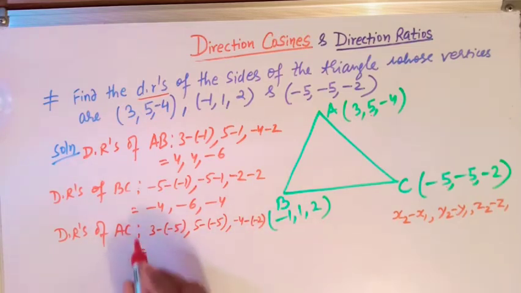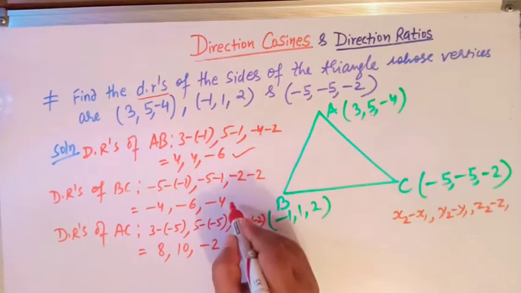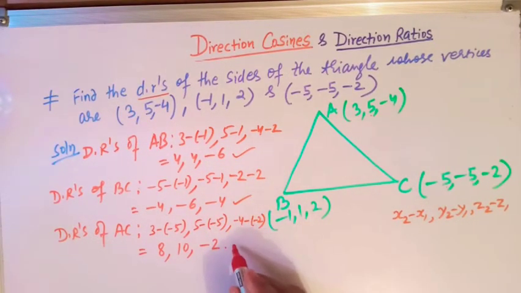So this is equal to 8, then we have 10 here, and here we have minus 2. So these are the direction ratios of the 3 sides.